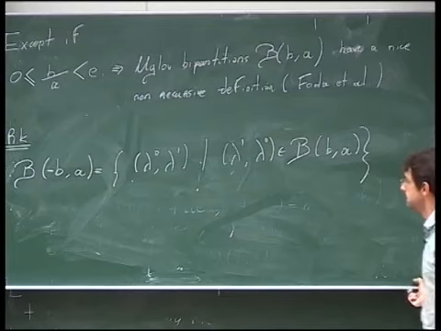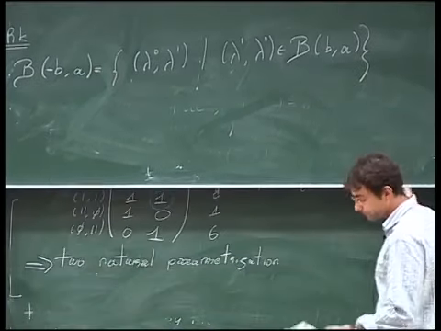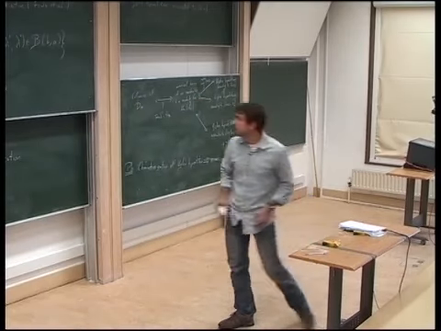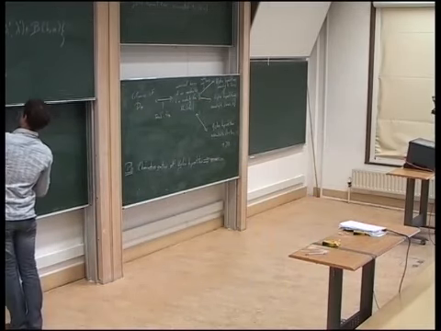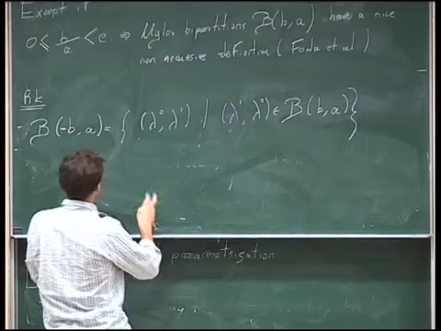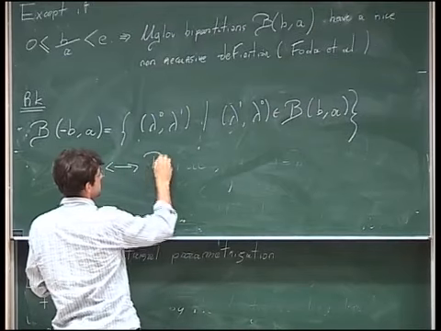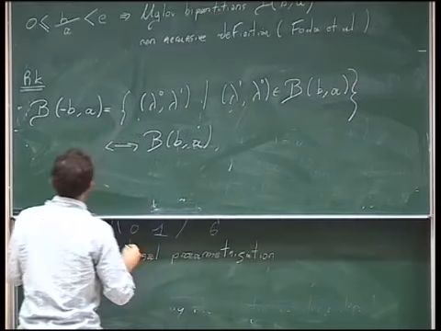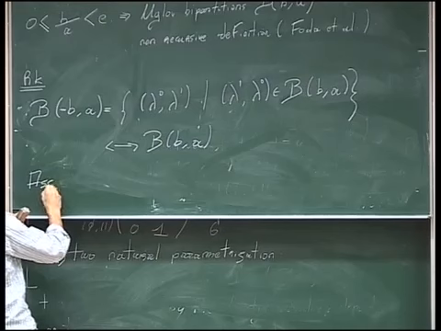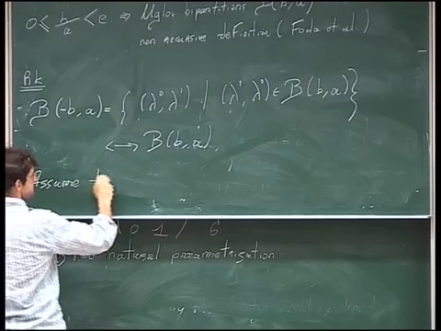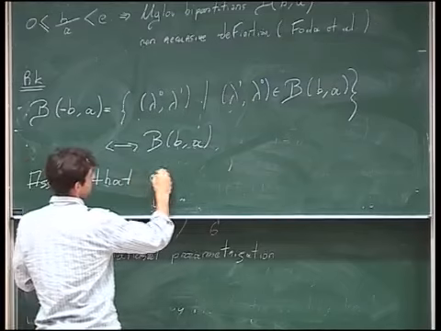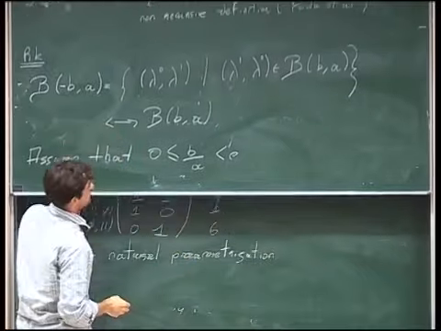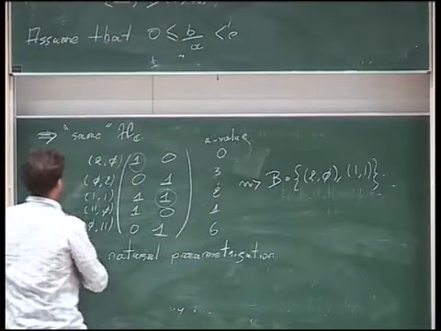Okay. And so you can see that you have a bijection between this and this. So now assume that we have this.